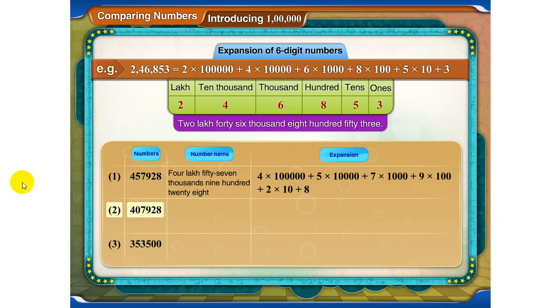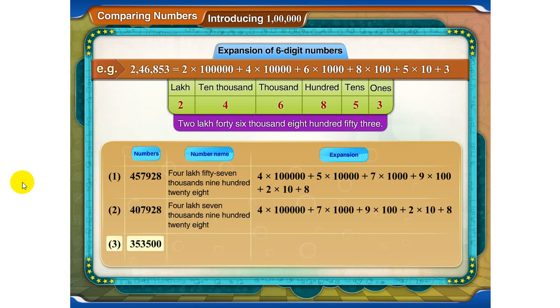The given number is 4,07,928. Number name is 4,07,928 and expansion is 4 into 1 lakh plus 7 into 1,000 plus 9 into 100 plus 2 into 10 plus 8 into 1.